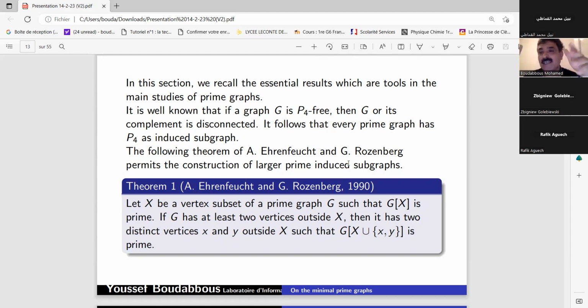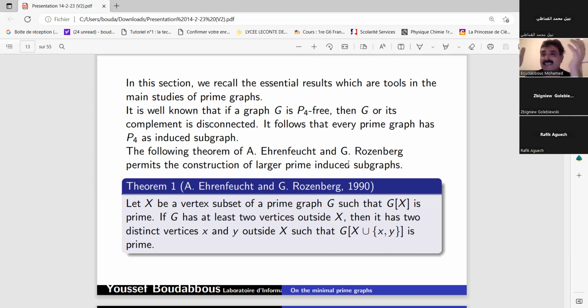The question: in a prime graph, is there another prime subgraph of order 5, 6? The following theorem of Ehrenfest-Rosenberg permits the construction of larger prime induced subgraphs. Consider a vertex subset X of a prime graph such that the subgraph induced by X is prime.